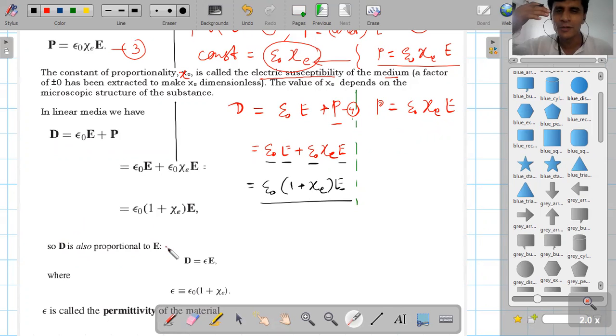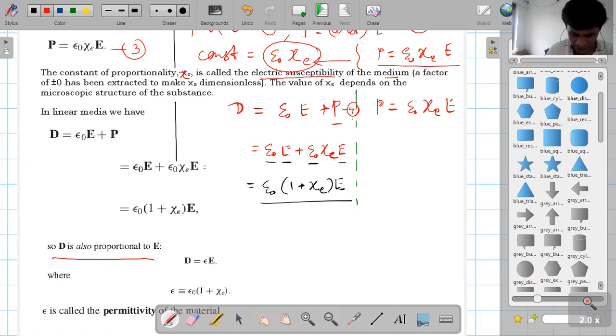Initially, polarization was proportional to E. Now from that we can write D is proportional to E. Is it correct? And therefore this term, epsilon 0 times (1 plus chi E), is equal to epsilon.